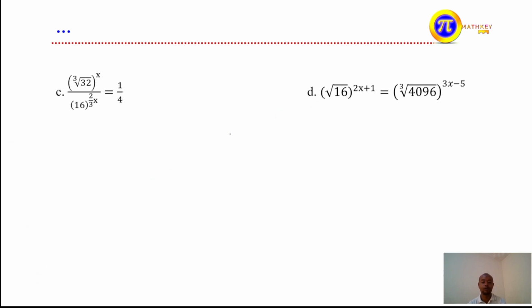Or for the case of D, we can also express this as base 2.